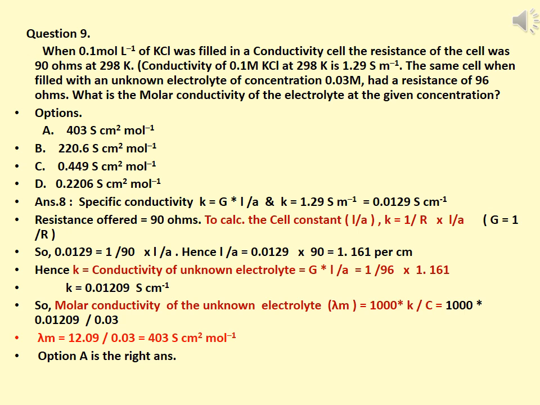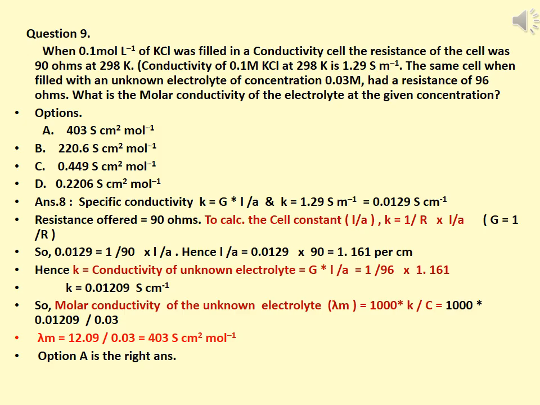So, we have calculated the cell constant of the conductivity cell. Now, this cell is cleaned, washed, and now filled with the unknown electrolyte. The unknown electrolyte offers a resistance of 96 ohms. So, for this unknown electrolyte, we can calculate kappa, the conductivity, that is equal to G into L by A. We know the L by A value. We know G, how G is equal to 1 by R, reciprocal of resistance.